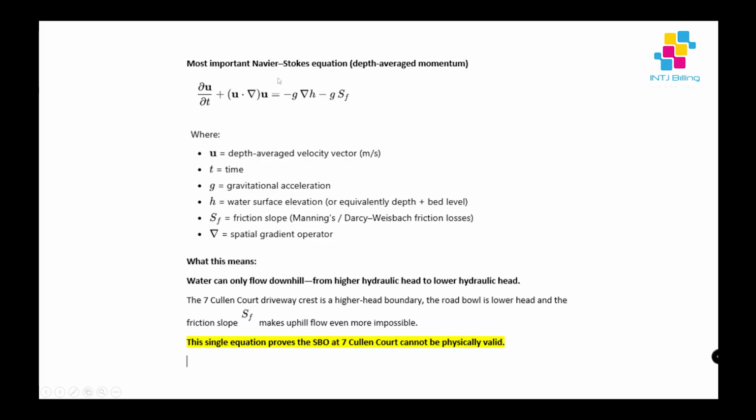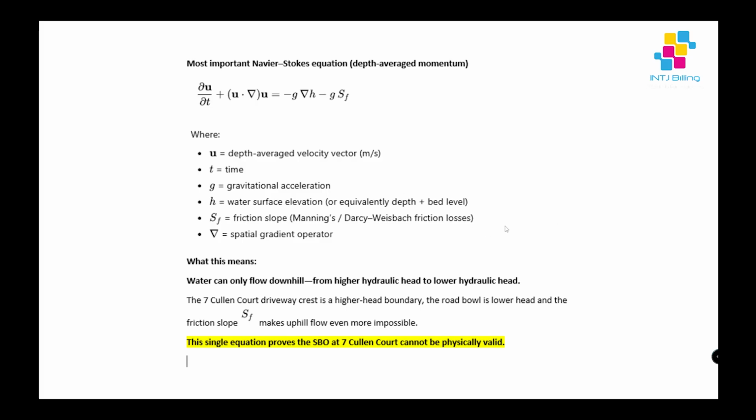I'm not going to go fully into the equation again, but we've got partial u, partial t, plus u dot del u equals minus g del h minus g s sub f. Okay, depth average momentum formula.